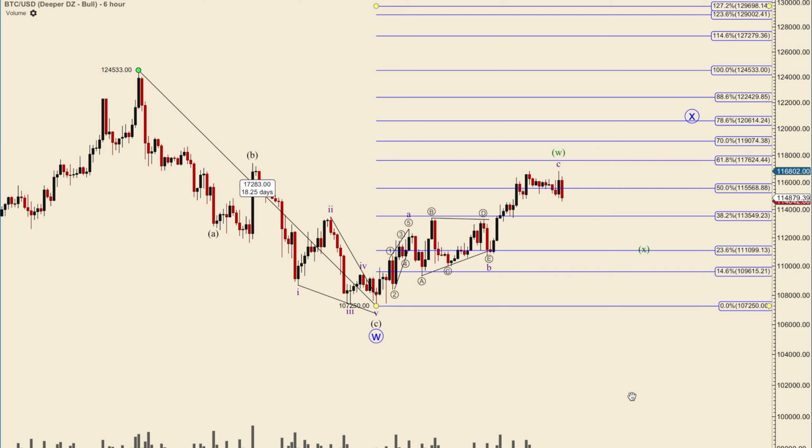If we take out this fib, it increases the probability that this is a sideways correction. So if it's a sideways correction, then it's a W, X, and Y can't be a zigzag. Then Y only can be a triangle or a flat.